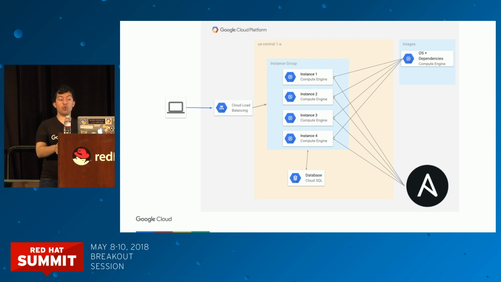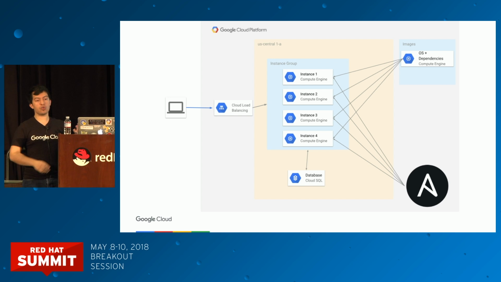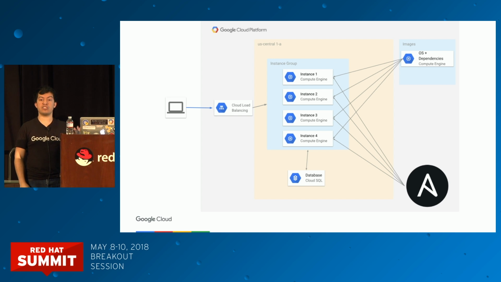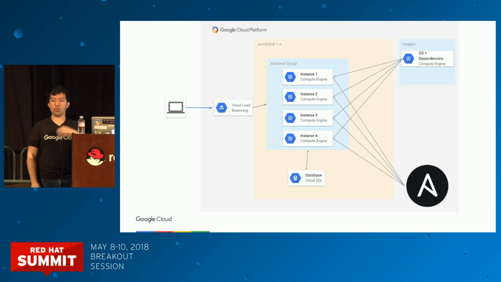So let's create 4 different machines. Let's put them behind a load balancer that's going to intelligently route traffic to whichever instance is experiencing the least traffic. And let's also have this be a managed instance group, so that if something strange happens and one of my boxes crashes, Google Cloud will automatically just delete the box, create a new box, and automatically set everything up for me.